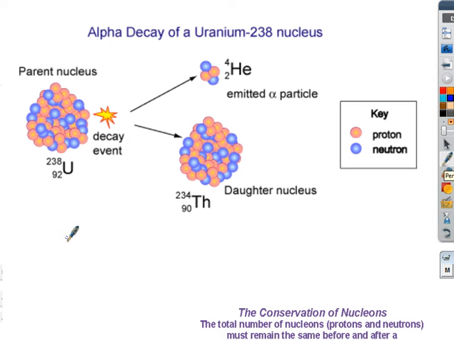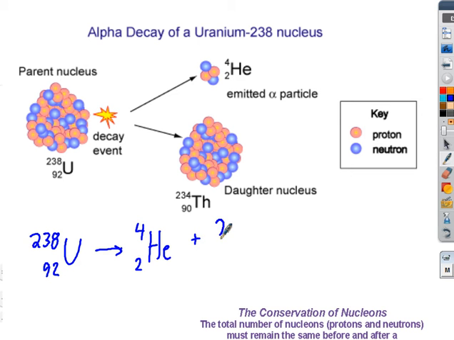We have uranium-238 with 92 protons undergoing an alpha decay. So in an alpha decay, we produce an alpha particle, which is that helium nucleus. Now, in order to find out what the other daughter nucleus will be, we don't need to know necessarily that it's thorium. We can use this physics principle of conservation of nucleons to determine the mass number.